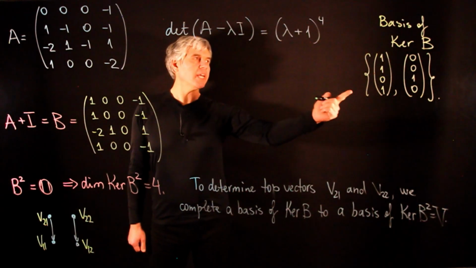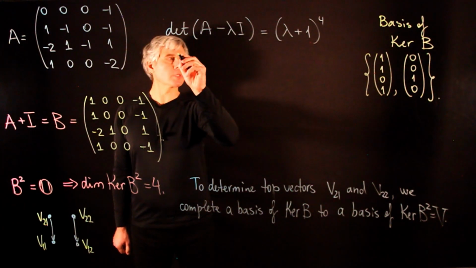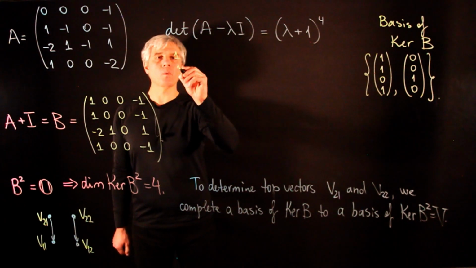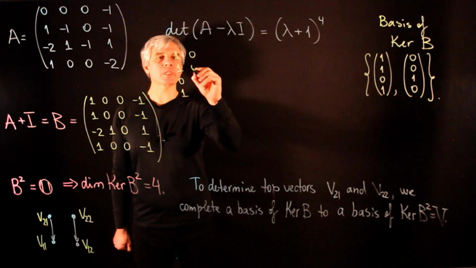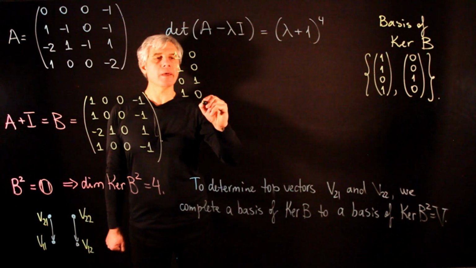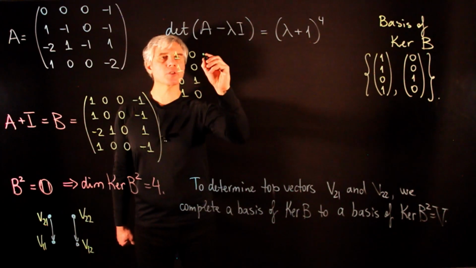For this, we place the basis vectors of the kernel of B as columns. So we have 1, 1, 0, 1, and 0, 0, 1, 0. And then we extend this with the standard basis of the four-dimensional space.